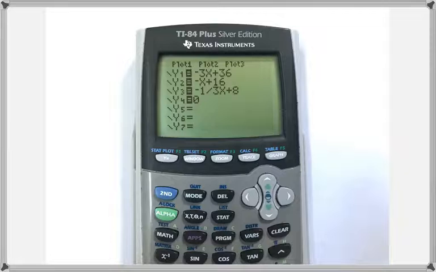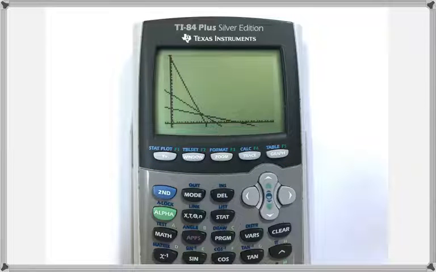Next, I want to remove the shading so that it's easier to find the intersection points. So I need to go back to the y equals menu and change all of these back to the line symbol. And then if we press graph, this is what our graph looks like. So before I actually find the intersection points, I want to go back to my paper and draw the graph first.